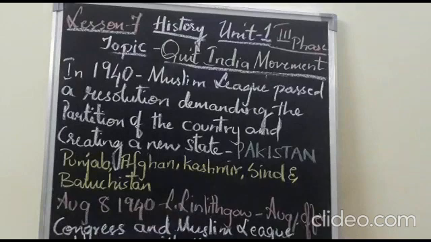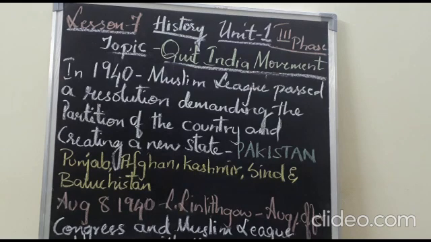In the year 1940, the Muslim League passed a resolution demanding the partition of the country and creating a new state called Pakistan. So what are the places which were included in the word Pakistan? It was Punjab, Afghan, Kashmir, Sindh and Balochistan.